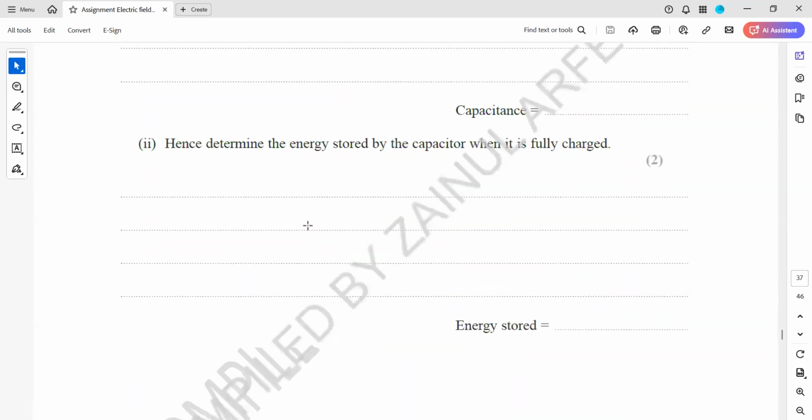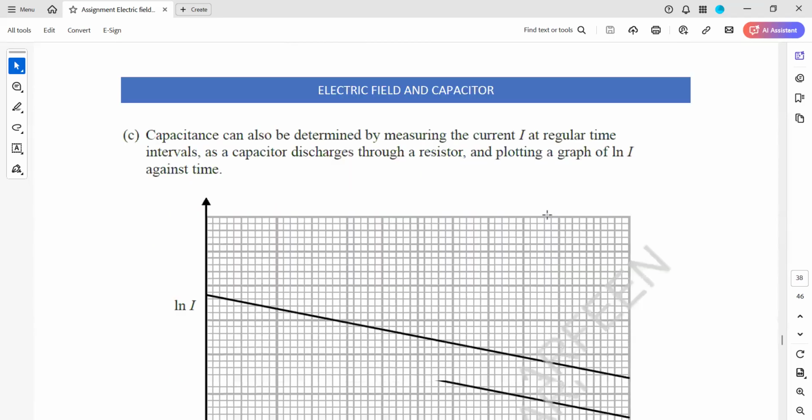Even more, we have the voltage, so we can use E equals half Q V. Q will be the total charge, which was the area under the graph, and V is the voltage. So when we multiply, we get the answer. Or you can also use energy stored as half CV squared. So you have the maximum voltage 6 and the capacitance from the previous answer. So we'll work out how much energy will be stored.